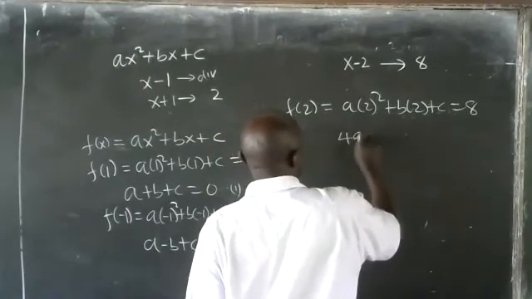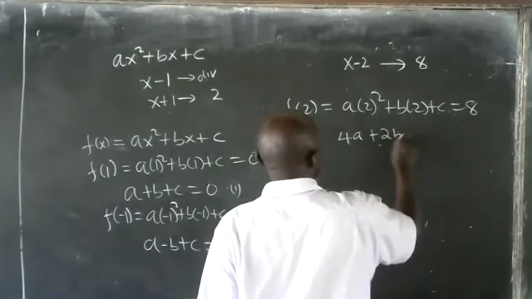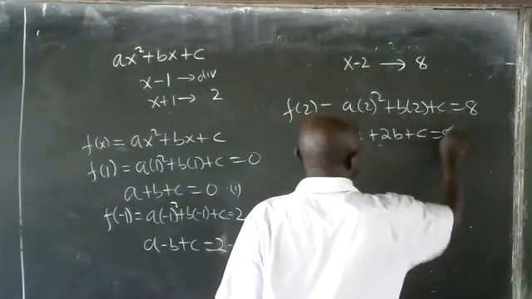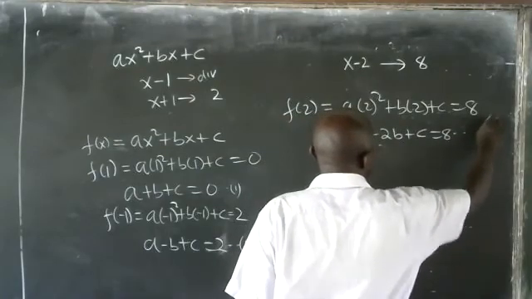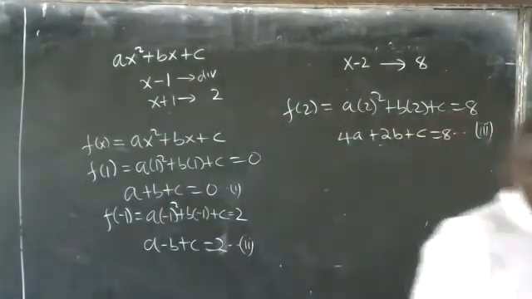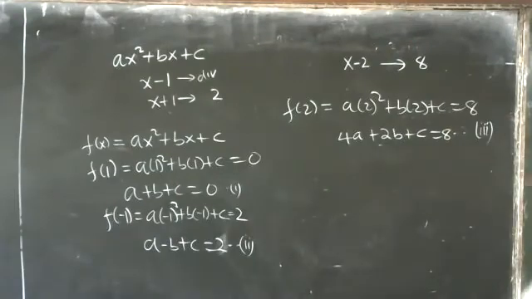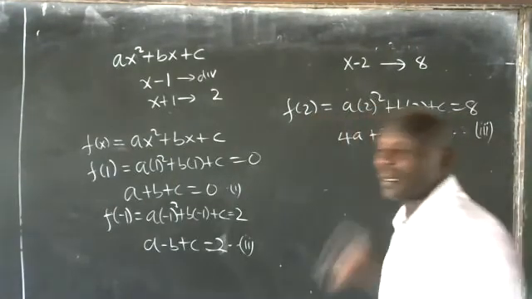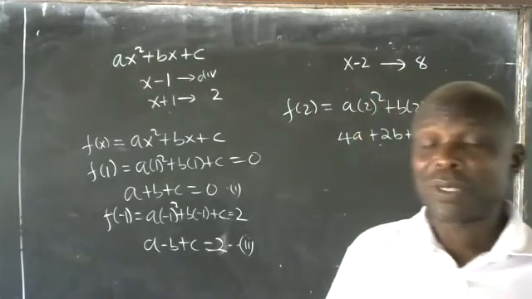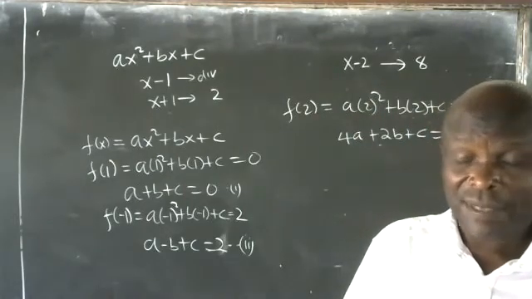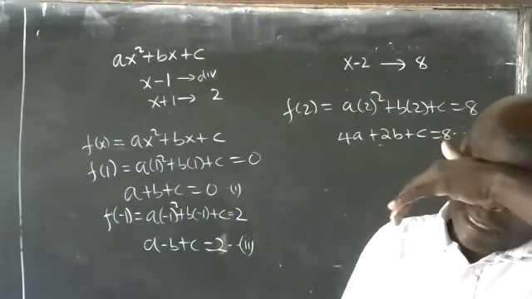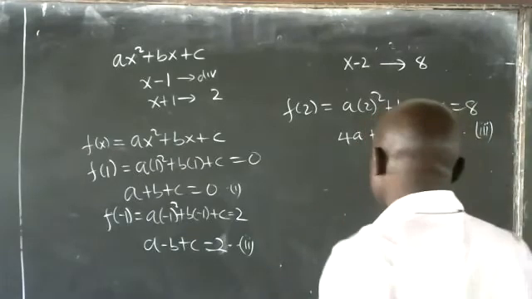So 4a plus 2b plus c is equal to 8 is our third equation. So we are going to solve these three equations simultaneously, by elimination and substitution, and look for a, b, and c. That was number 9. You can handle it together with me.